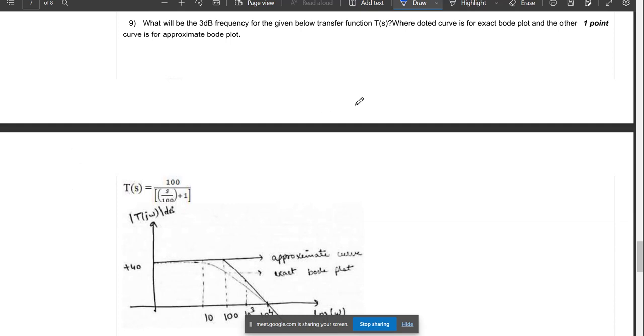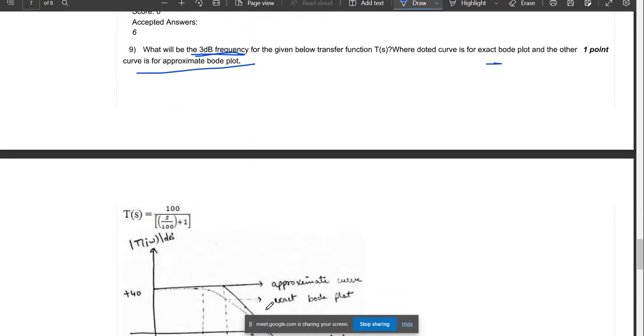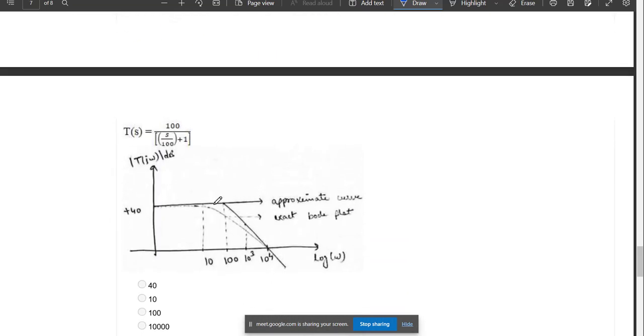Similarly, another question I am asking: what will be the 3 dB frequency, for the given transfer function, where the dotted curve is for the exact Bode plot and the other curve is for the approximate Bode plot? So this is the approximate Bode plot and dotted is the exact plot, right?